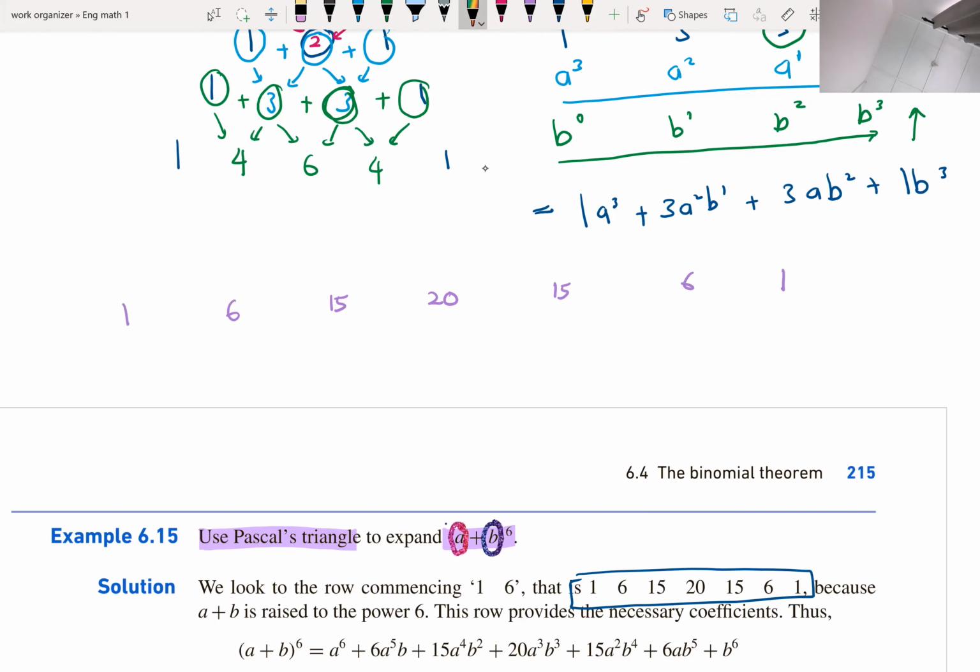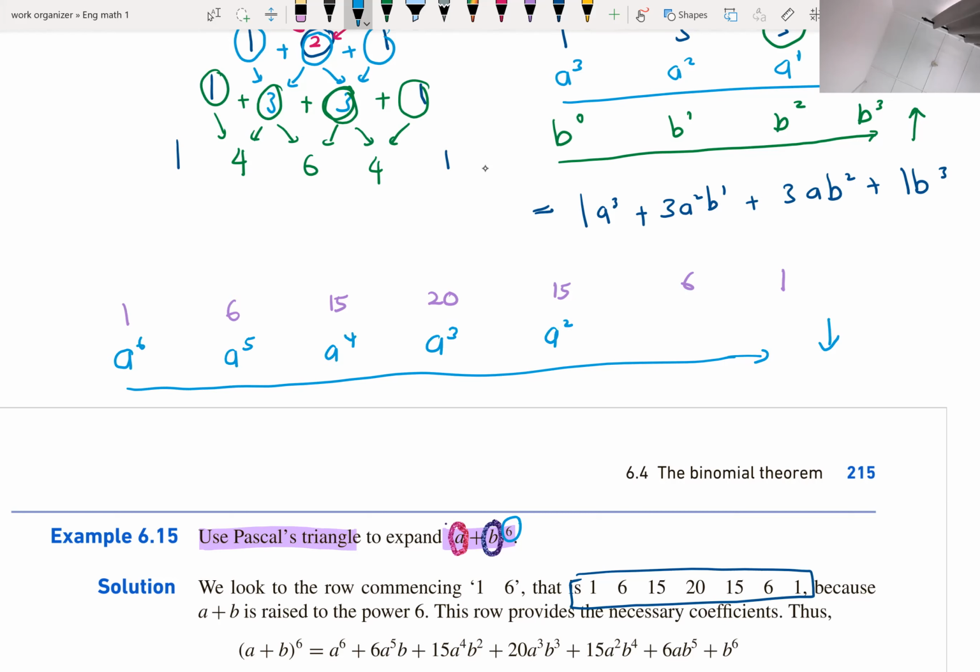We start with A. Remember, for the first letter, from left to right it will be decreasing. The highest power is 6, so we start with 6 and then decrease to 5, 4, 3, 2, 1, and 0.